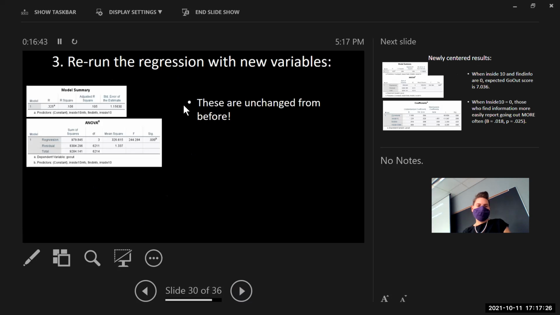If you rerun with that new variable in, which is called inside 10, that I just made by subtracting 10 from everybody, these won't be any different because I haven't changed anything about the variance. I've only changed the mean.